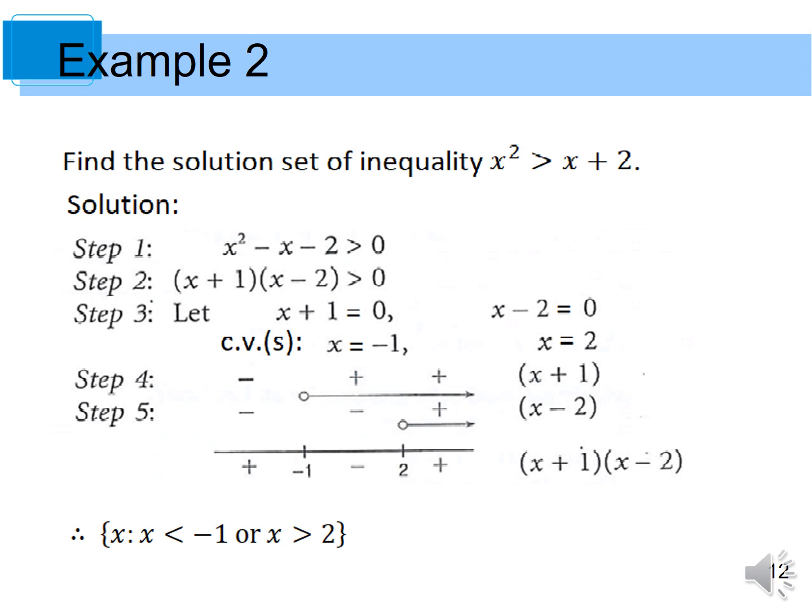Because it goes towards the right, we fill in positive, because the interval here, for this factor, will produce a positive value. And same for the second factor.